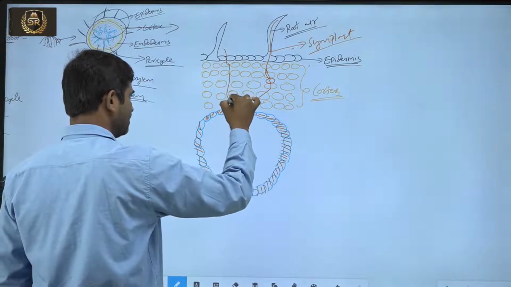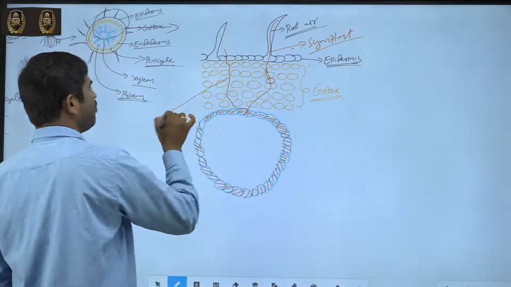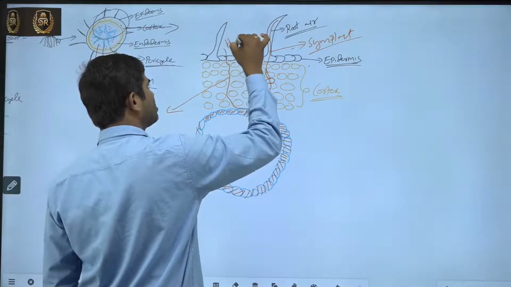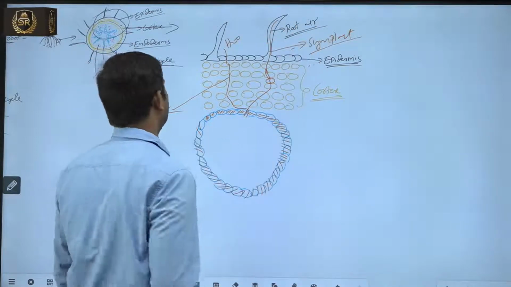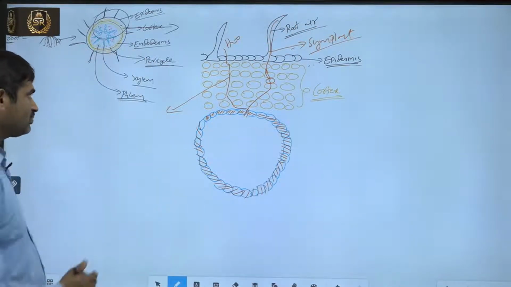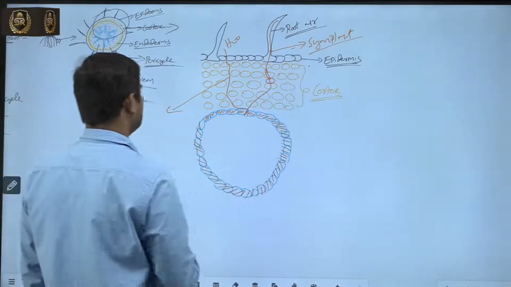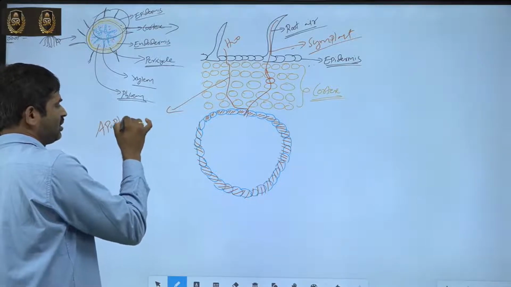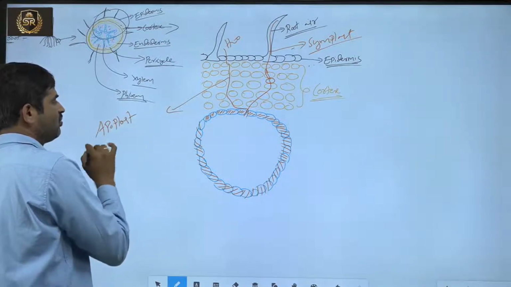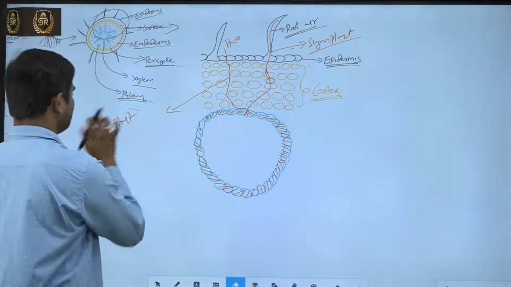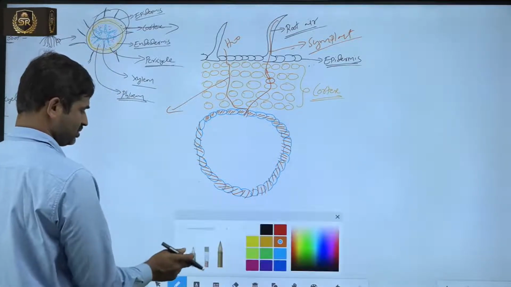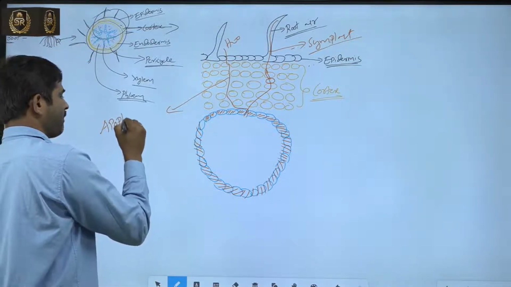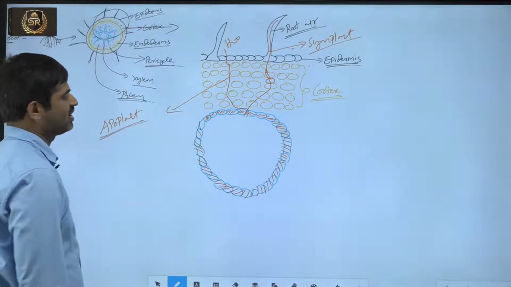Next, through the gaps, water molecules move within the gaps. This transport is called apoplast transport. There are two ways soil water enters the inside up to the endodermis: one is symplast transport, the other is apoplast transport.